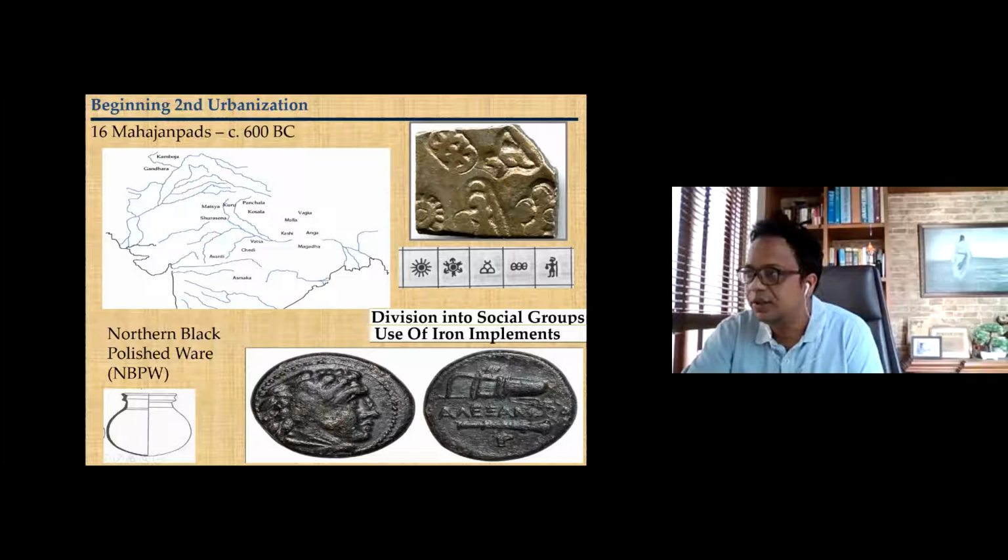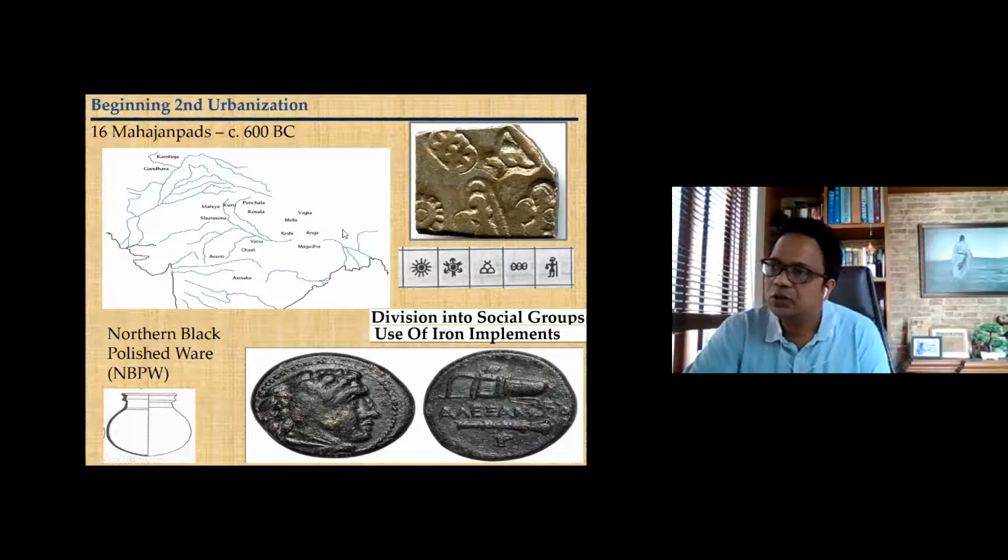You can see a circle with protruding arrows coming out, and there is a sun as well, right? And this mark, just beside the sun, is specifically from a place called Ujjain, right?